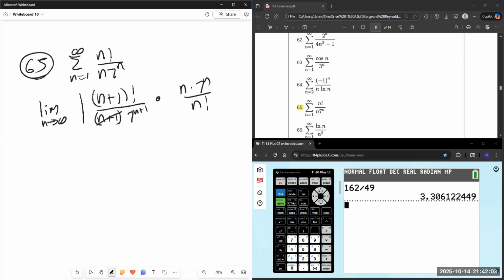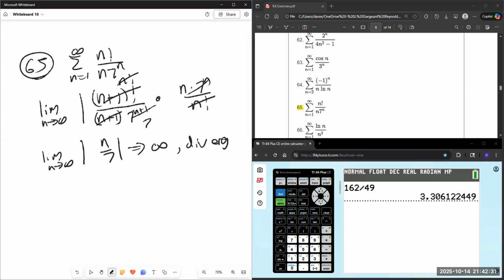So this makes n factorial here, which cancels out with this. And this makes a 7. And this is limit as n goes to infinity of n over 7, which is going to go to infinity. So this diverges by the ratio test.